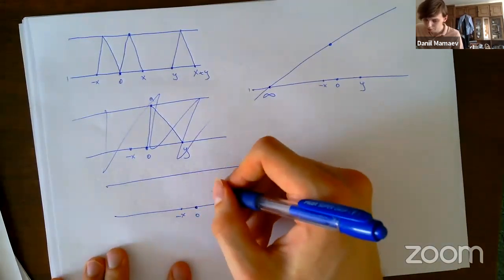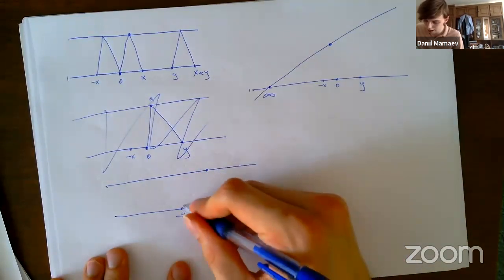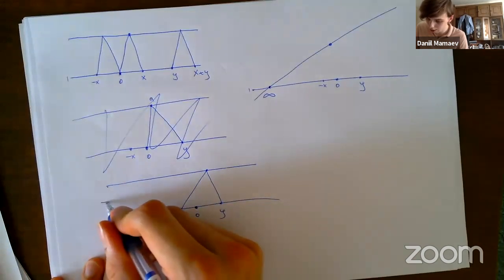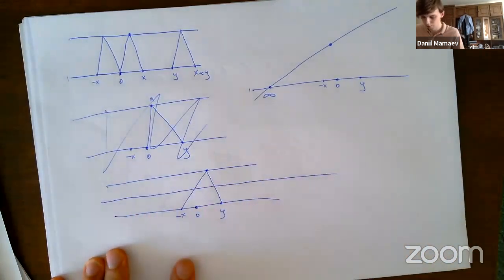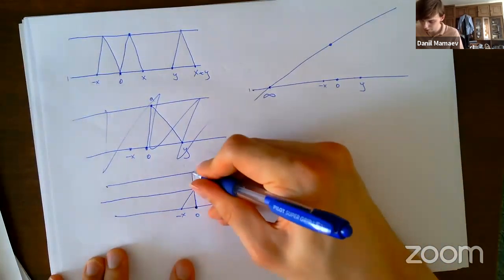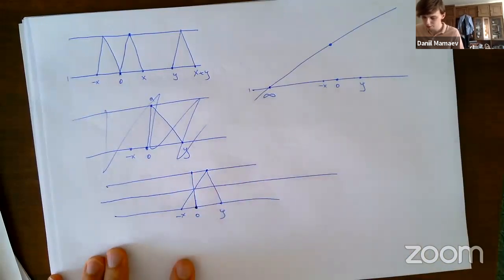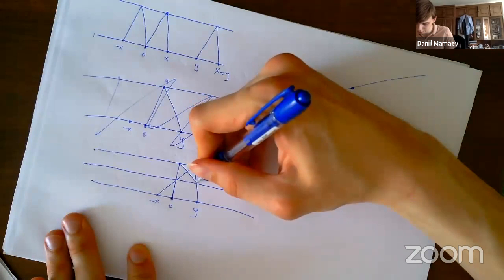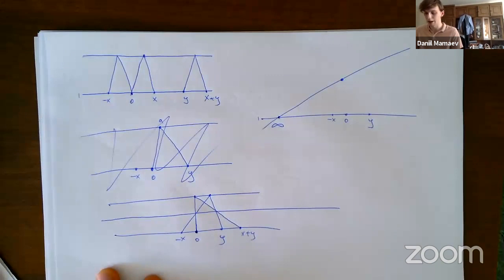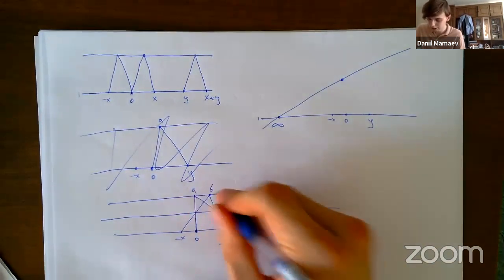Choose a point and draw like this. Then draw a parallel line. And then draw like here, and then like here. Yeah, that's what we wanted. Sorry for the delay.